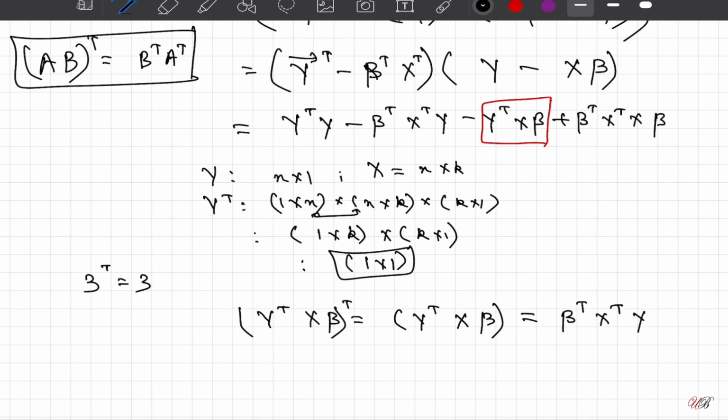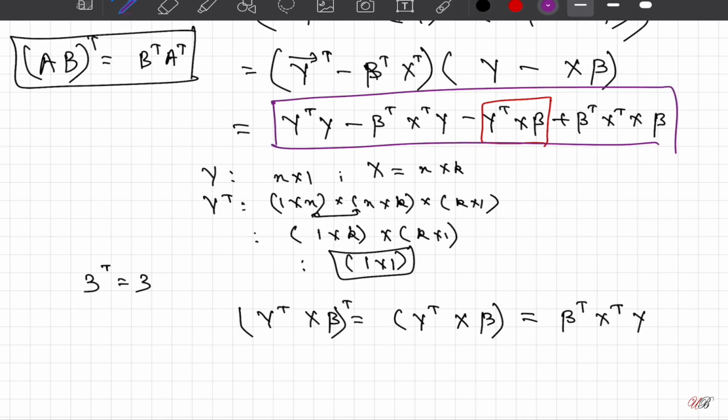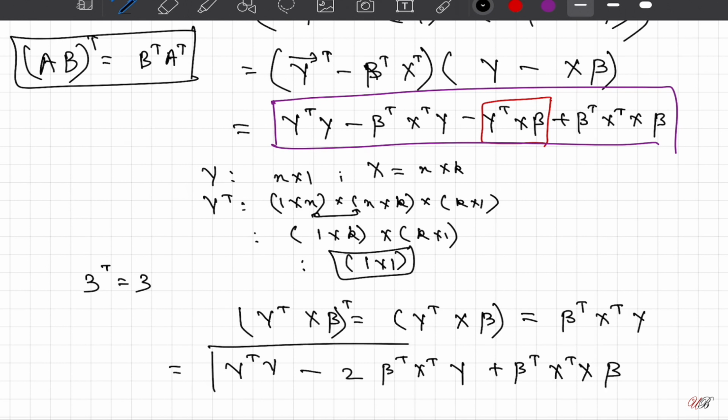Using this simple result, we can write this equation that I am highlighting here in purple as y transpose y minus 2 times beta transpose x transpose y plus beta transpose x beta.